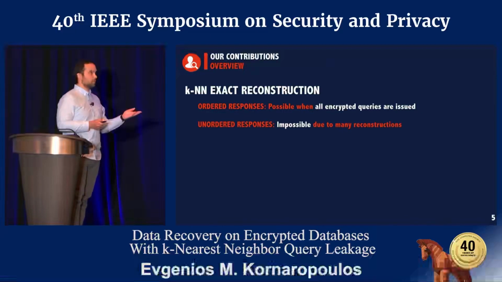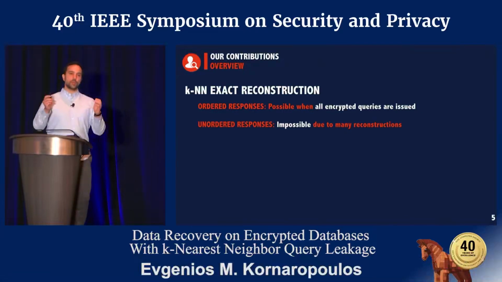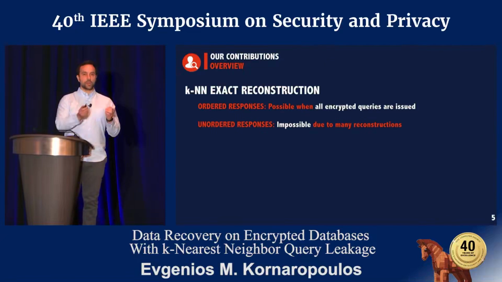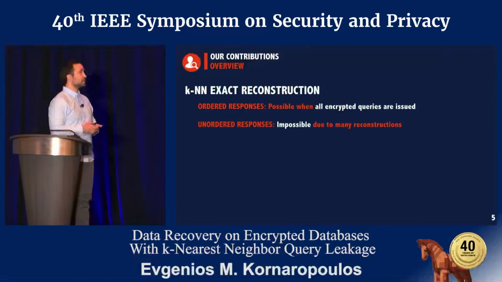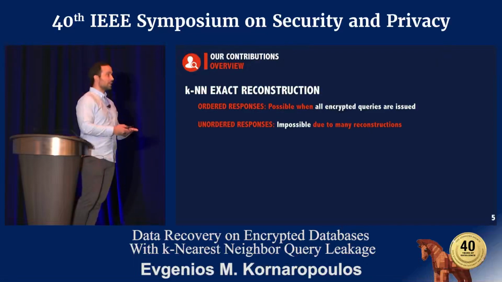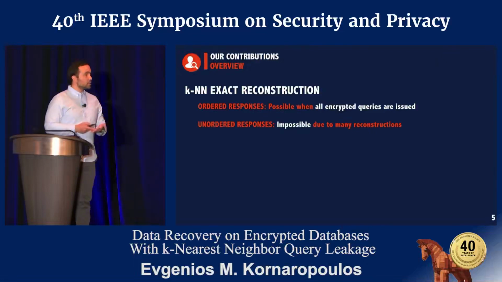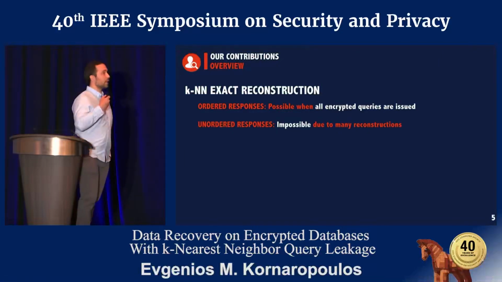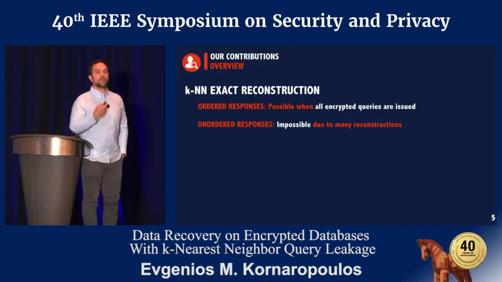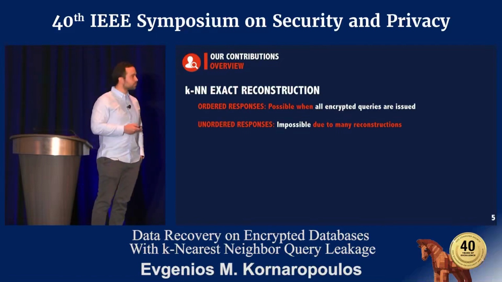The ordered responses, where each response is ordered with respect to the proximity to the query point, and we show an attack that is successful when all encrypted queries are issued. For the case of the unordered responses, interestingly, we saw that this is impossible. And the reason is that there are many reconstructions that are valid for this particular observed leakage.